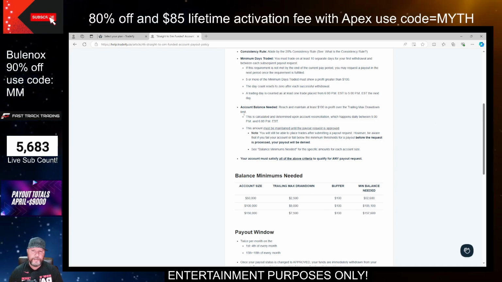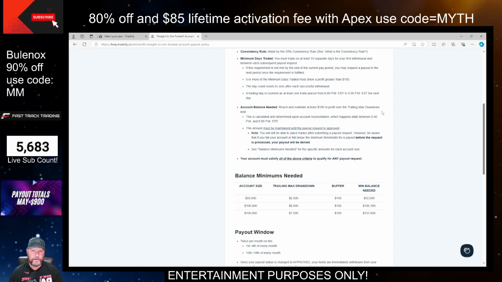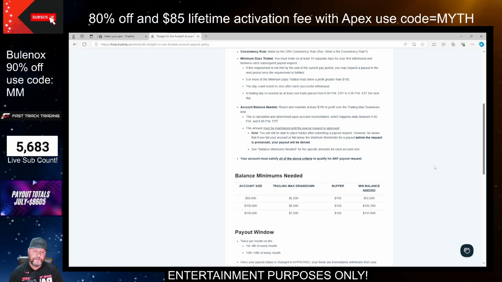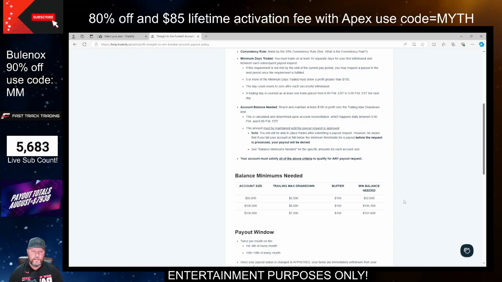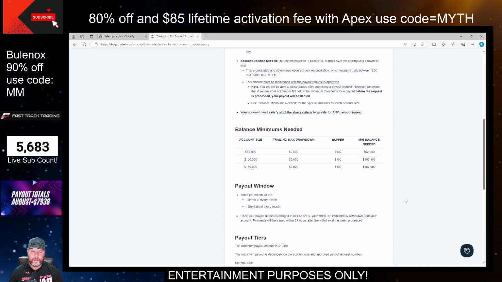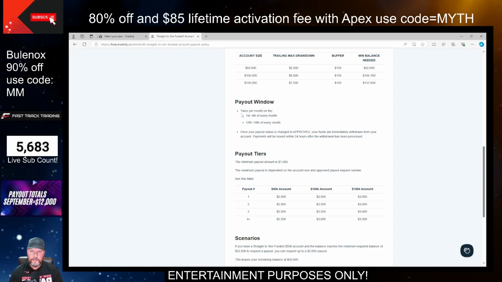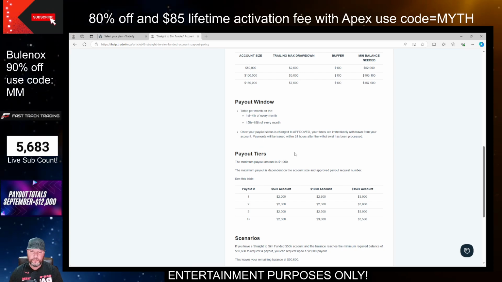In order to reach payout, the account balance must maintain at least $100 in profit over the trailing max drawdown. The trailing max drawdown on the 50K account is $2,500. So that simply means we need to reach $52,600, or $2,600 in profit, in order to qualify for a payout. And I believe it's capped at $2,000, but we'll take a look at that. Payout windows are twice per month, 1st to the 4th and the 15th to the 18th.